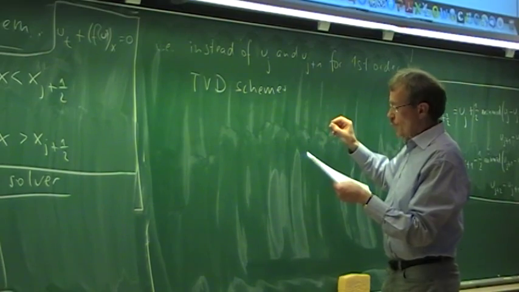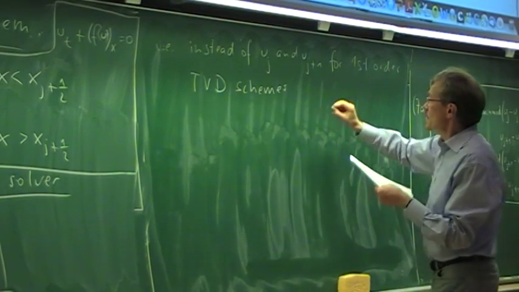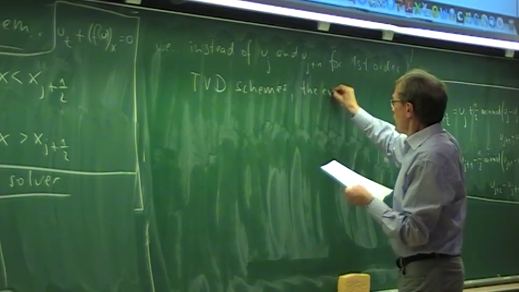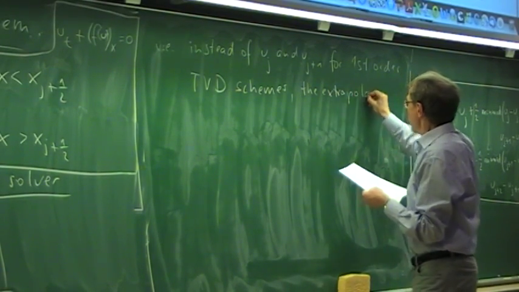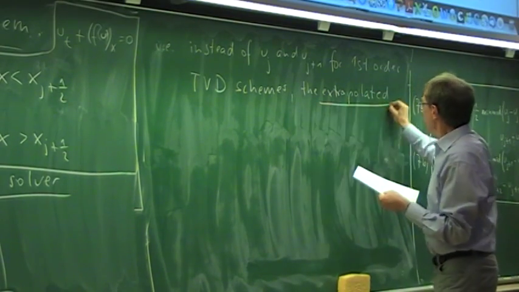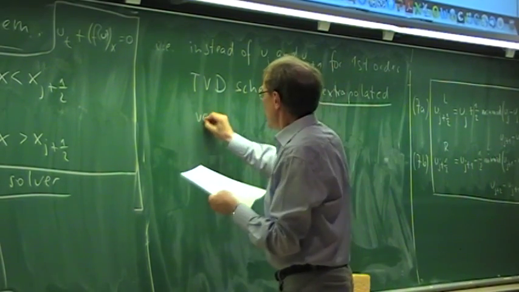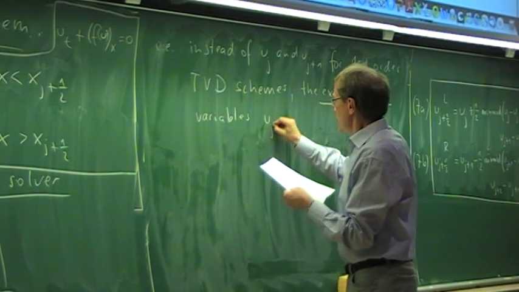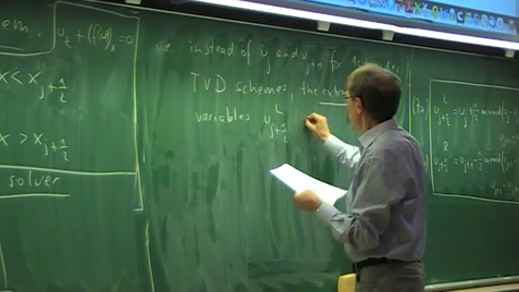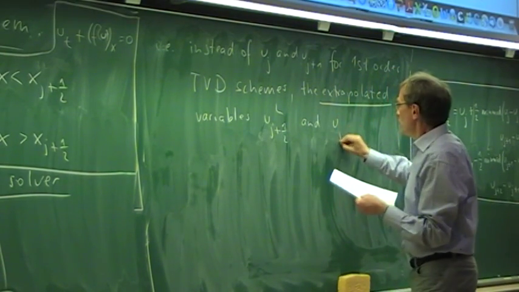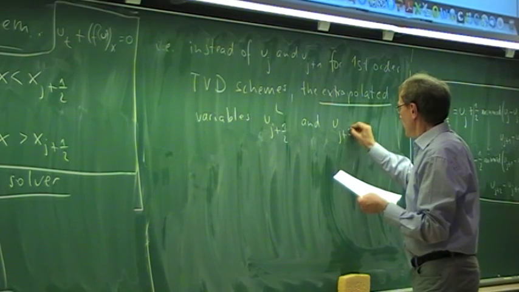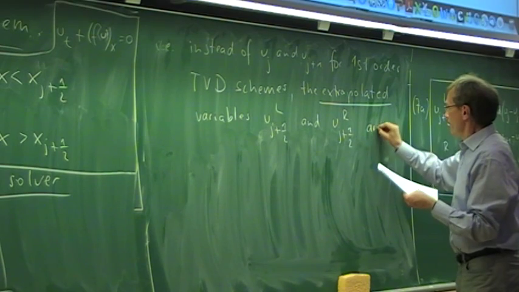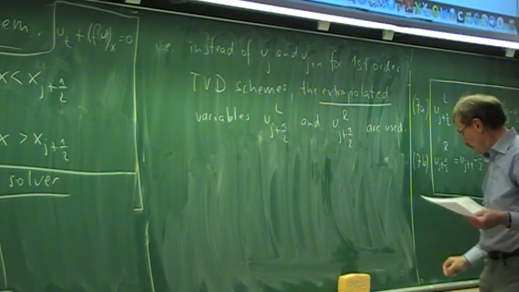Okay, so instead of these, the extrapolated values, that are then the u_{j+1/2}^L and u_{j+1/2}^R, are used. So that is the only difference.